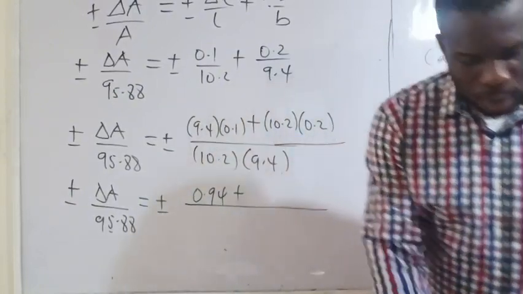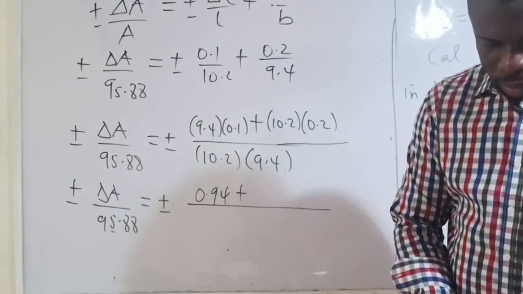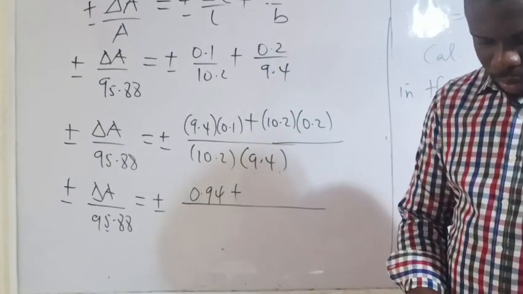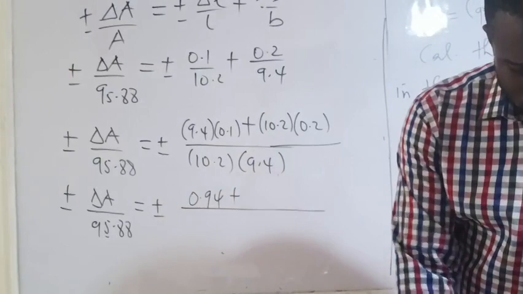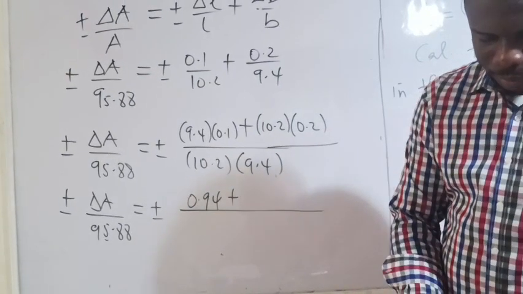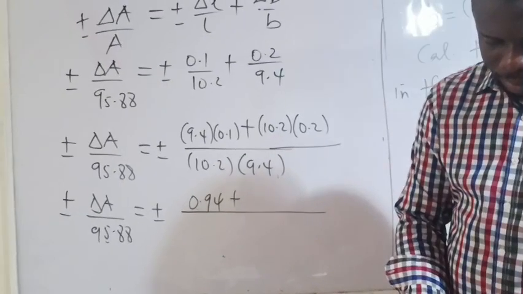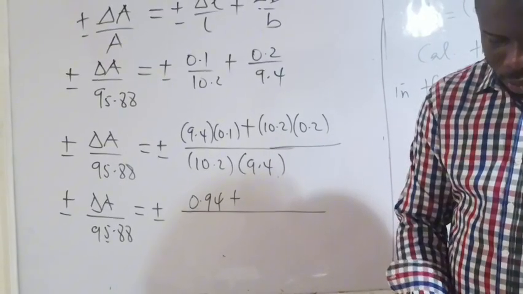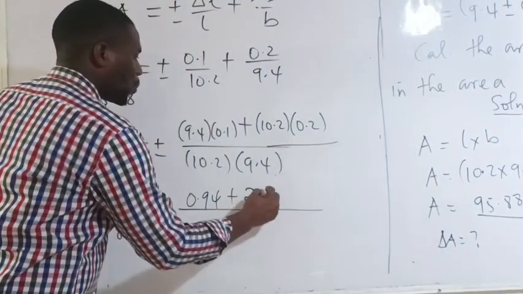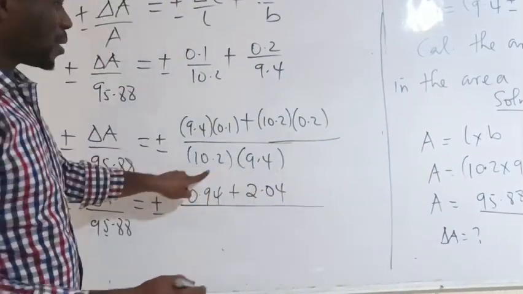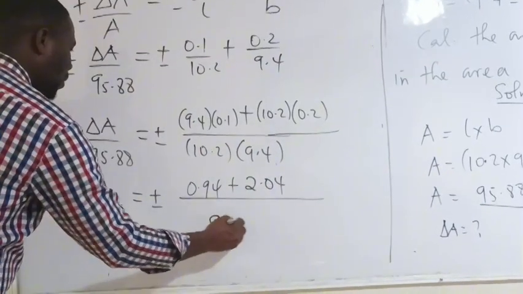Then I have plus 10.2 times 0.2, and of course let's check that properly. 10.2 multiplied by 0.2 is 2.04. And of course, when you multiply this, just like we had earlier on, this would translate to 95.88.